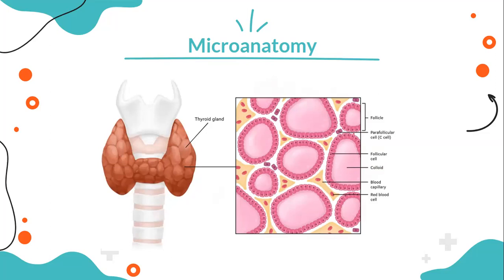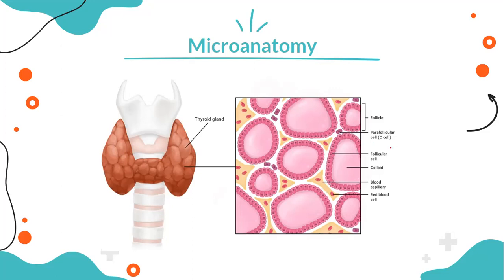Next to the follicles, we have some other types of cells, for example, the parafollicular cells. Actually, there's a few more. The parafollicular cells are also called C cells, and these cells produce another kind of hormone.